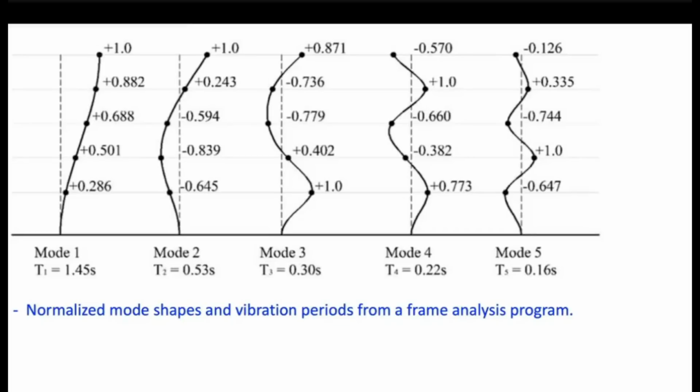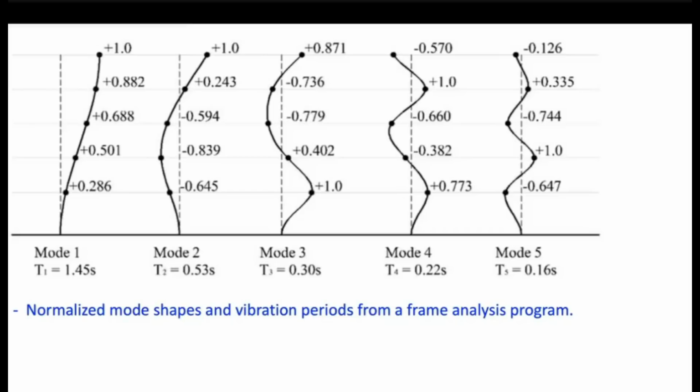So what you need to do in the first step is to carry out the modal analysis of a structure in any appropriate computer program, for example, SAP2000 or ETABS or any other software. Once you obtain these modal properties, mode shape, and the vibration period, the next step is that you need to normalize the values of the mode shape.